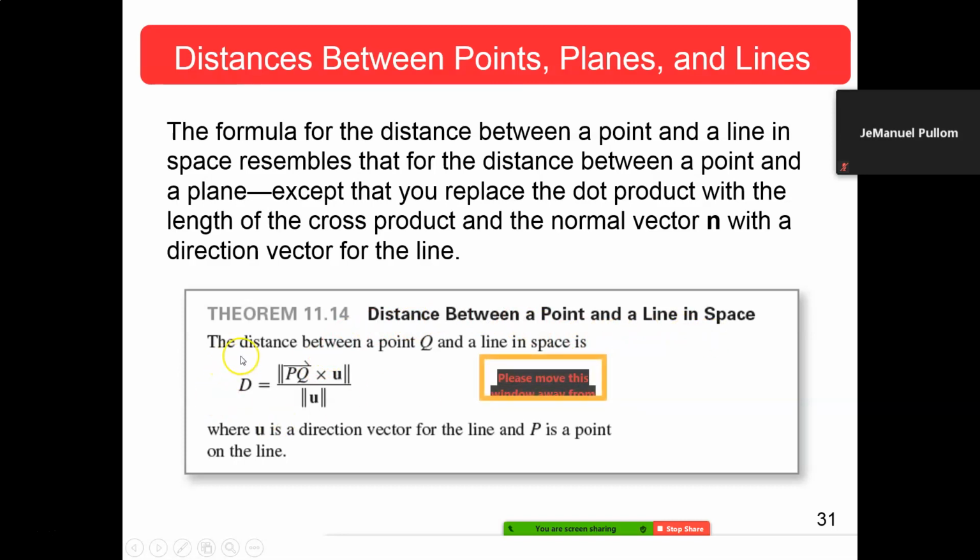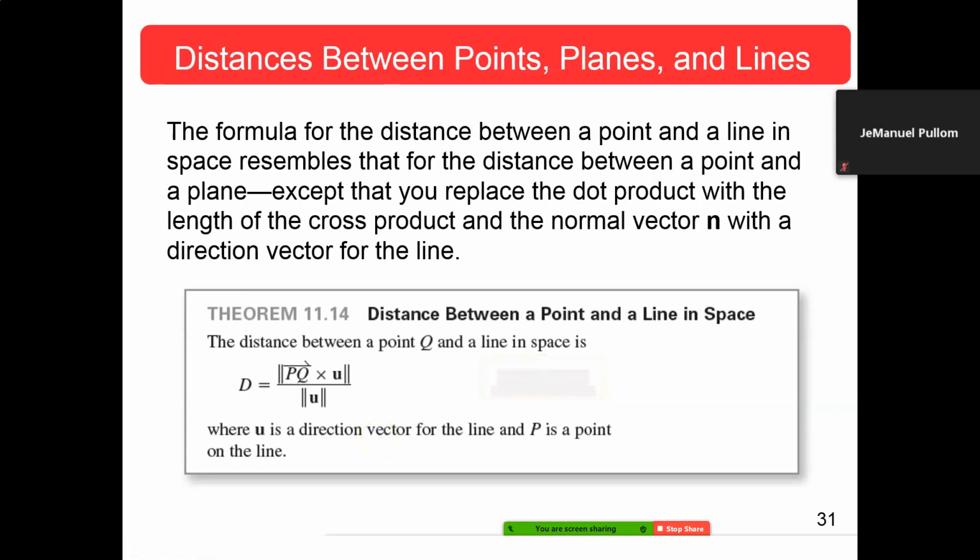The distance between a point Q and a line in space is D equal to the magnitude of PQ cross U, divided by the magnitude of U, where U is a direction vector for the line.